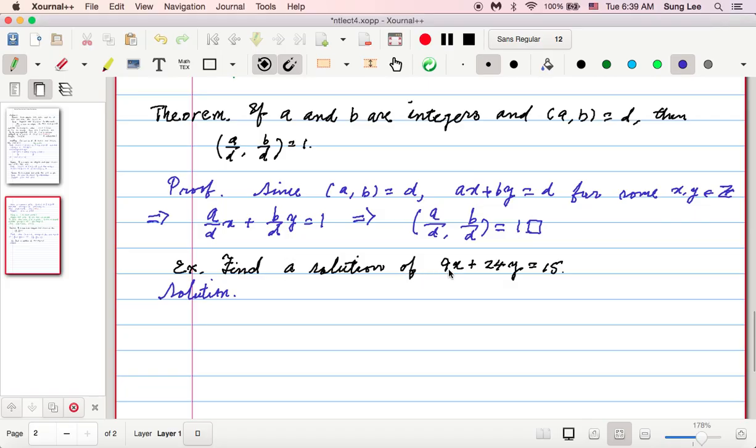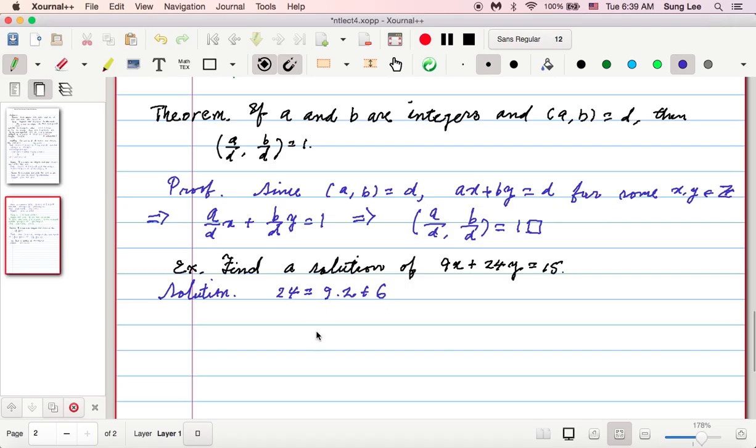First, we have to find the greatest common divisor of 9 and 24. To do that, we divide 24 by 9. 9 times 2 equals 18, and 18 plus 6 equals 24.